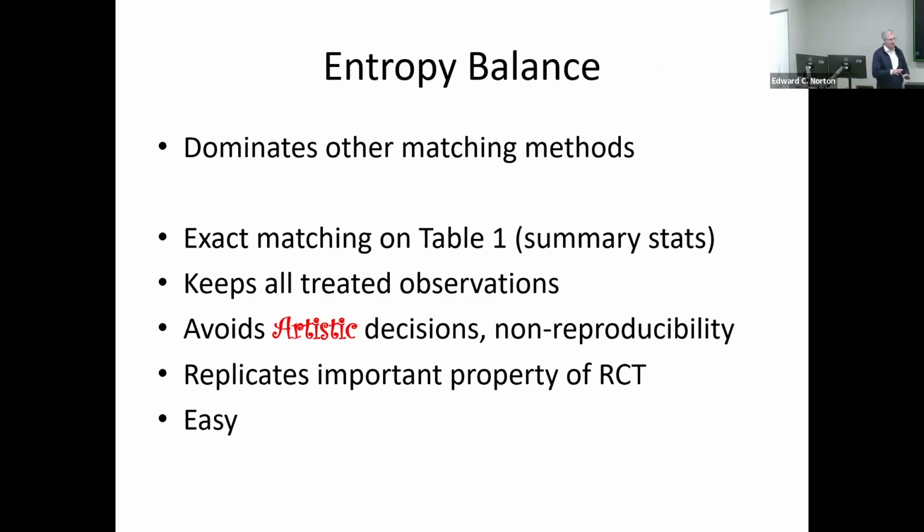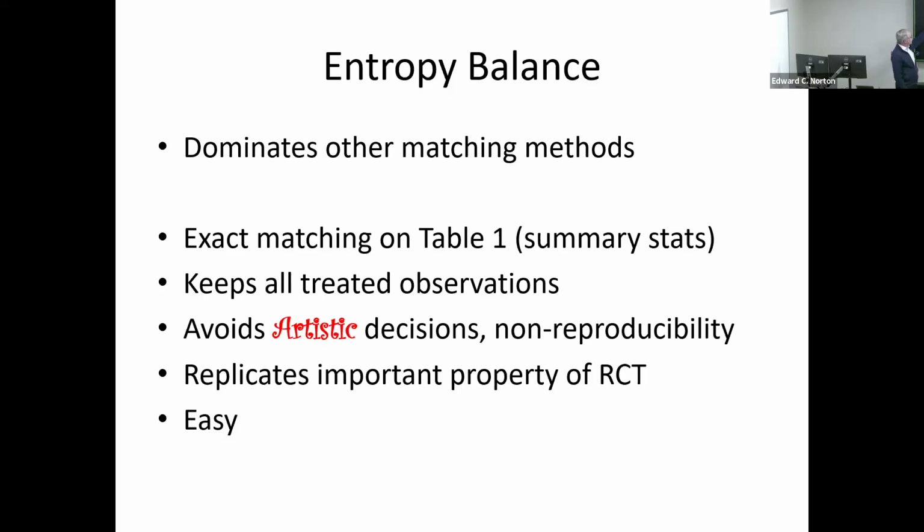And in my view, this completely dominates any other type of matching you might want to do. I have not yet found any downside or any situation where I'd ever consider doing a different kind of matching over entropy balance. There are situations when nothing's going to work, but I haven't seen a situation where entropy balance fails and the others work.